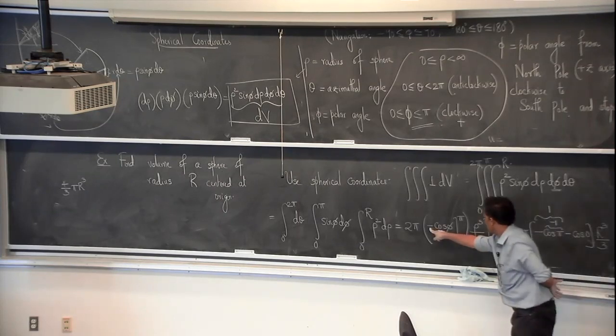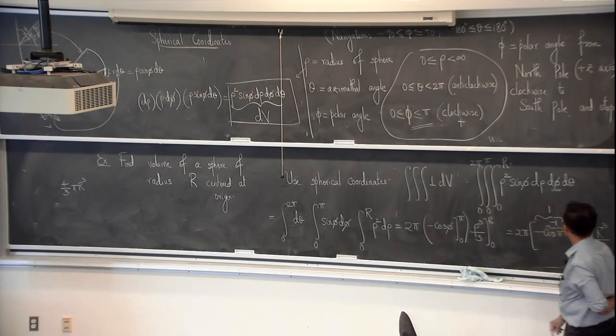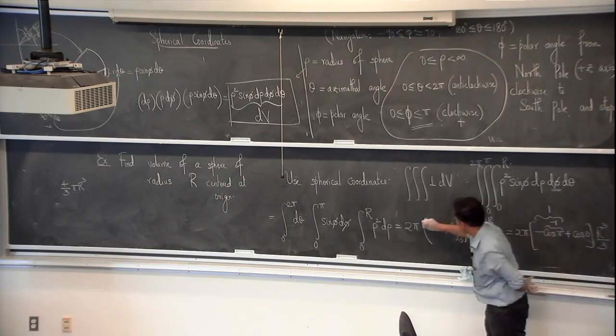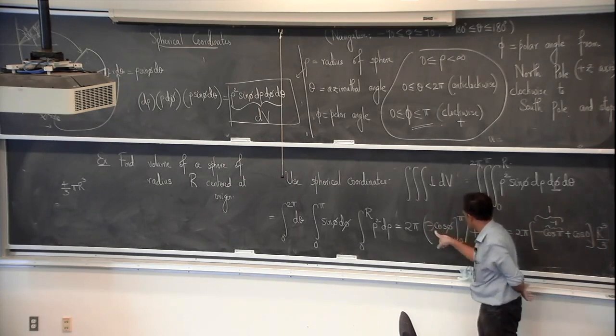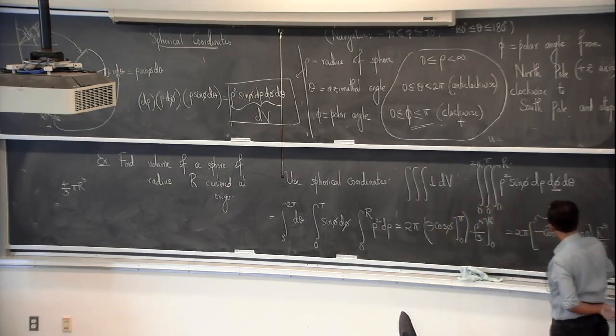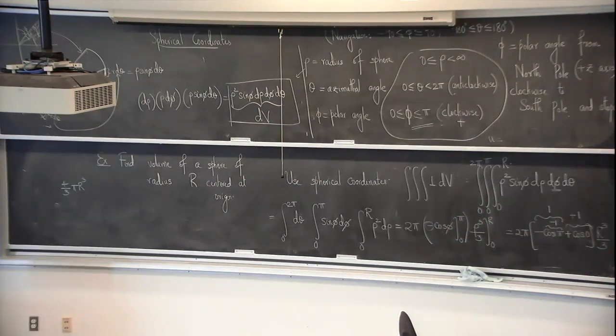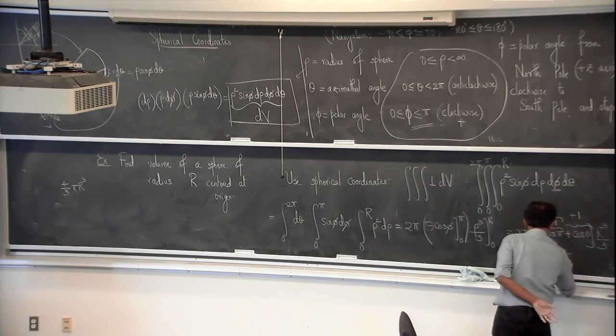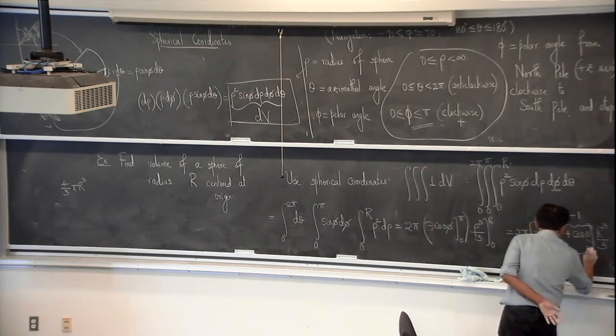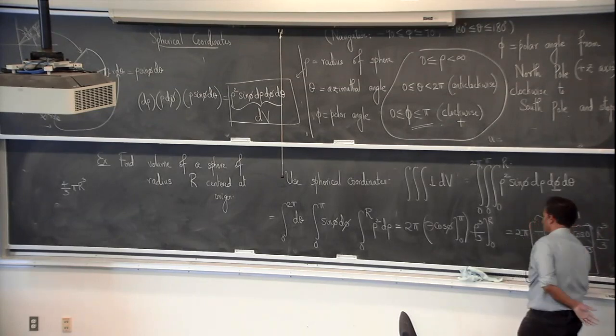And for the lower limit, it's minus negative cosine 0, that's plus cosine 0, which is also plus 1. Or you could factor the negative sign outside if that is too confusing for you. So what is the answer? 4/3 pi r cubed. And that took actually less than a minute if you use the right coordinate system.